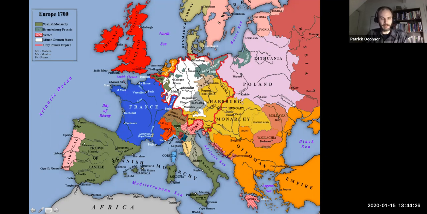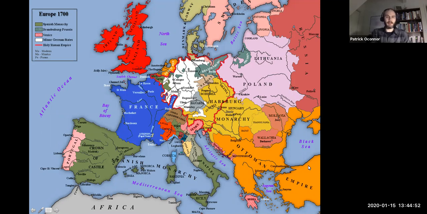And then in the southeast here, we have the Ottoman Empire, right? And the Ottoman Empire is stretching across a region that we know of as the Balkans, home of contemporary nations such as Albania and Serbia and Bosnia-Herzegovina, but then also down into modern day Greece, all the way down here, east into Turkey.